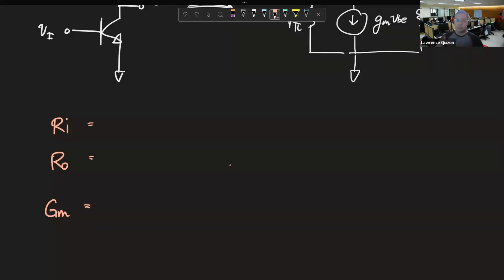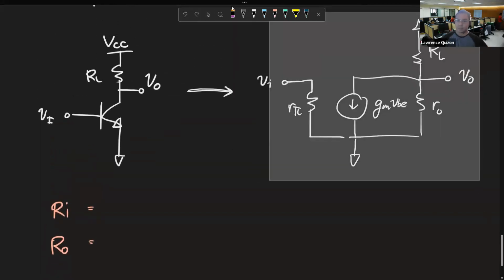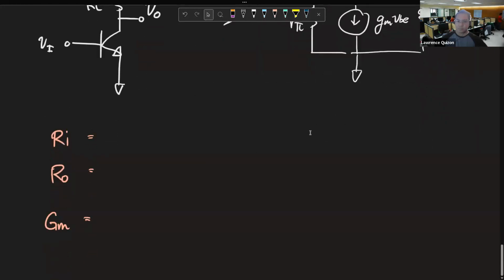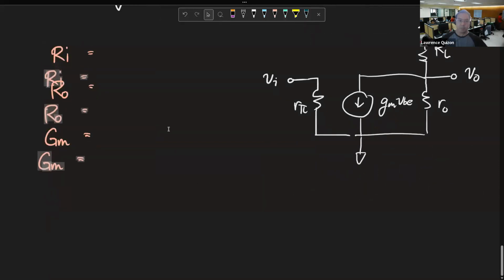Can anyone tell me what the formula for Rin is? No? We discussed this in two-port networks. So what's the formula for Rin?